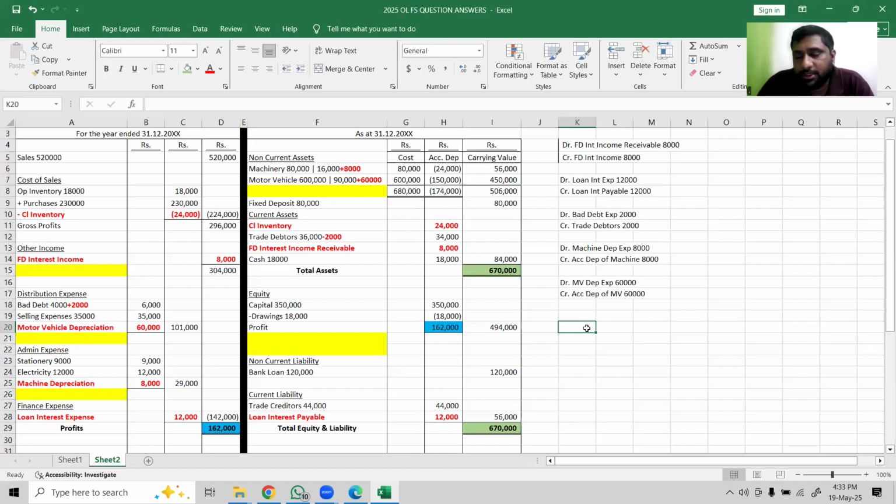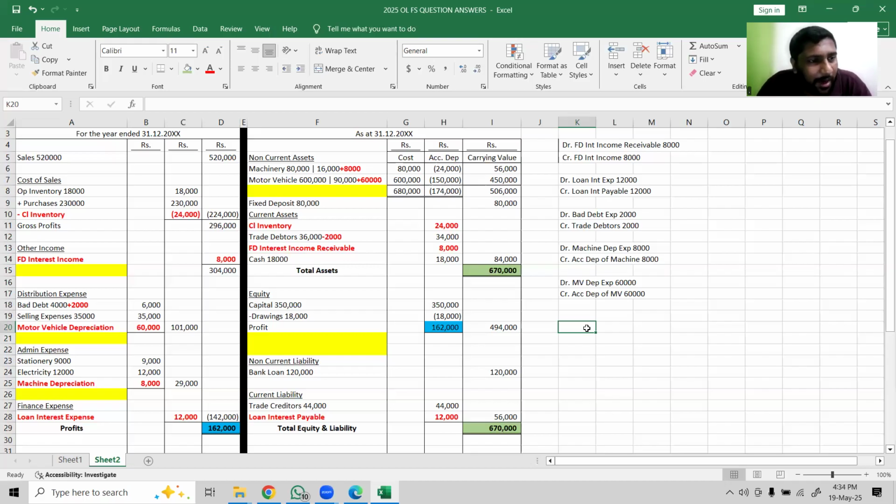Now from these two questions, we got an idea about how the financial statement questions will look. They will give a trial balance. After the trial balance, they will give some adjustments. So we have to write the trial balance values in one place. After the adjustments will go to two places. Now there is a small challenging part.